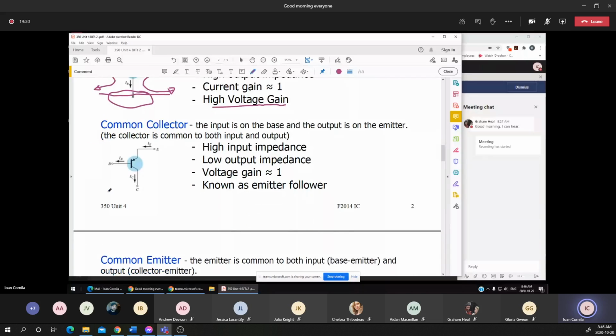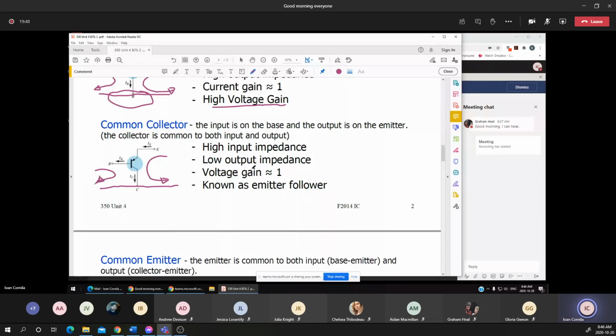The common collector. Again, suppose that I'm connecting the collector into the input and into the output loop. Means that the collector is the common connection between the input and the output.